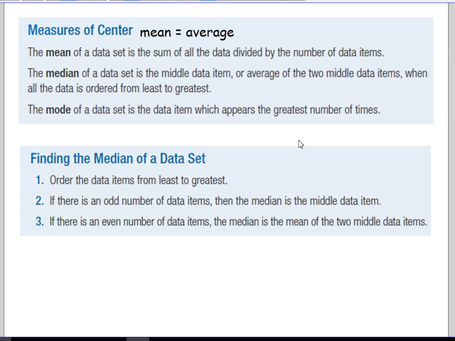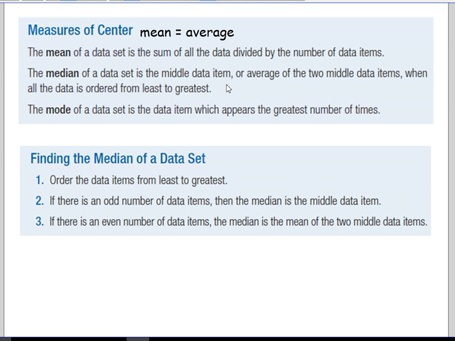The median of the data set is the middle data item, or the average of the 2 middle data items when all the data is ordered from least to greatest. So when you have a set of numbers, if it's an odd number of things, like you have 7 numbers, then you will have 1 number that's in the middle, and that will be your median.